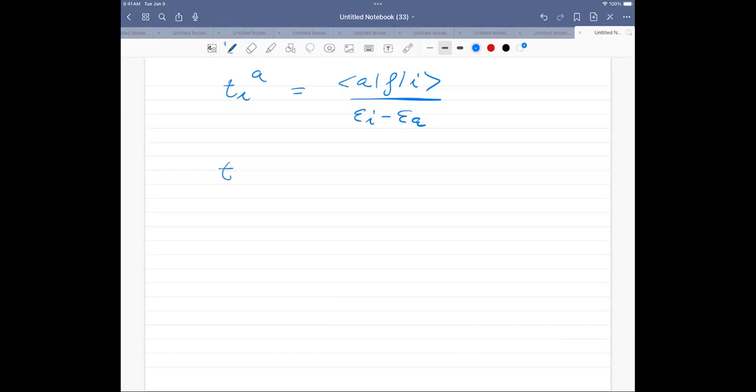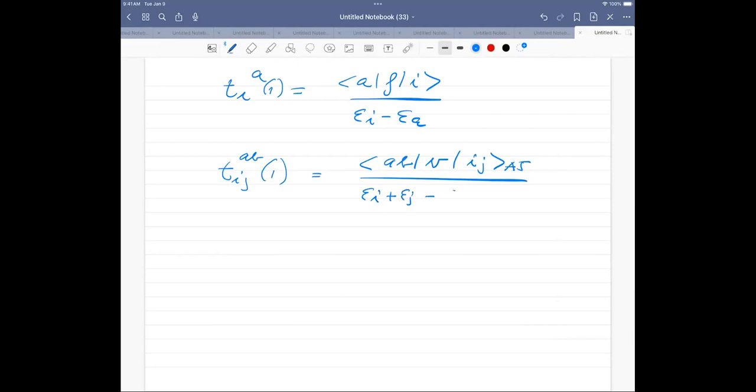And then I'm going to define a new quantity, and I'm going to put a 1 here, because this has the interaction to first order. That defines something proportional to the wave operator to first order. So I put a 1 here just to indicate that this is given to first order in the interaction. This is an anti-symmetrized matrix element, and then we have epsilon i plus epsilon j minus epsilon a minus epsilon b.